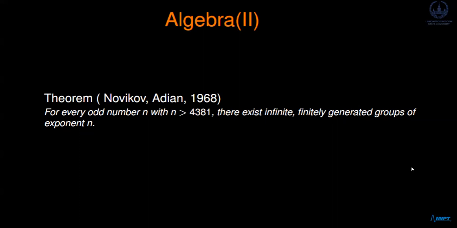This theorem asserts that for sufficiently large odd numbers n greater than 4,381, there exist groups that are both infinite and finitely generated, meaning they can be generated by a finite set of elements, while still satisfying the condition that every element raised to the power n is the identity element.